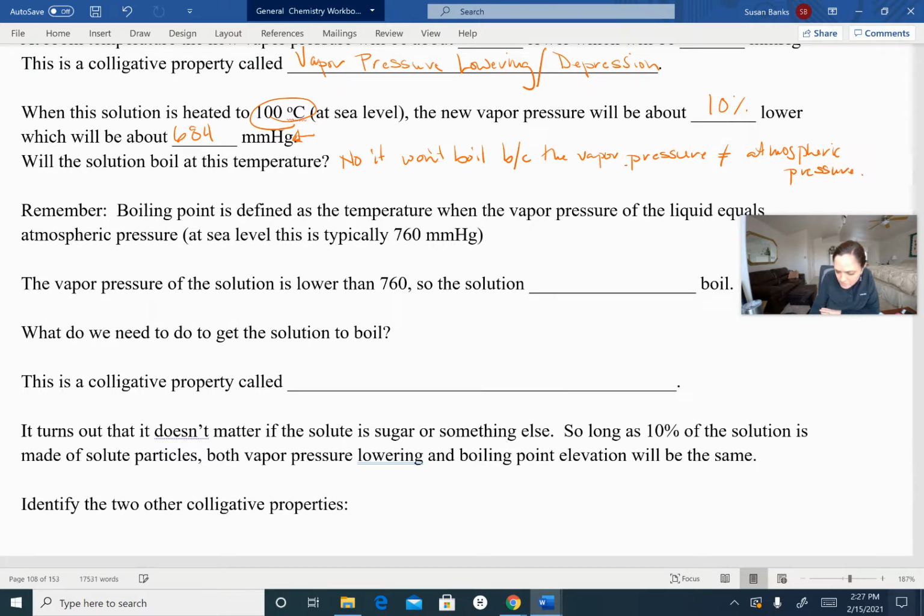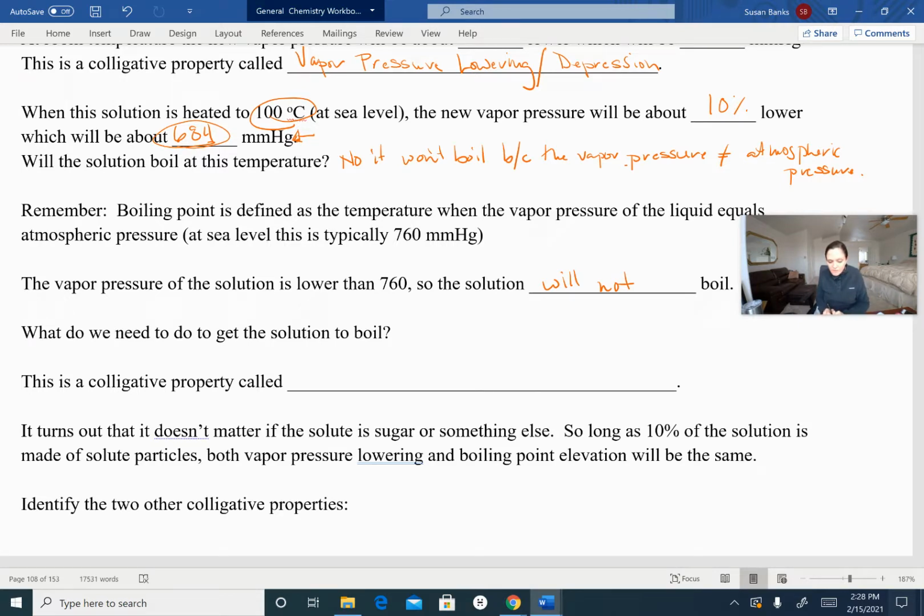Now remember, for something to boil, the vapor pressure of that liquid has to equal the atmospheric pressure or be greater than that. So the vapor pressure of the solution is lower than 760, so the solution will not boil. So what are we going to have to do to get that solution to boil? We have to get that vapor pressure to raise.